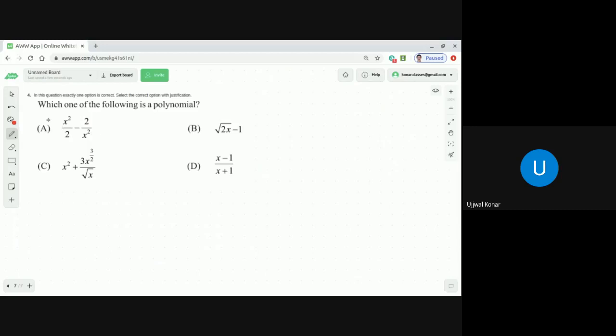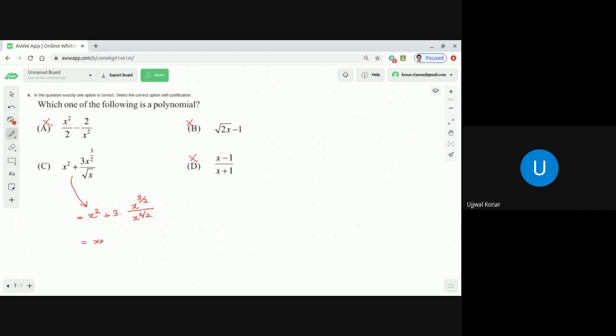So this is not a polynomial, you understood, right? Because x to the power minus 2 is not a polynomial. This is not a polynomial because the square root of 2 into x is not a square root of the whole number. This is also not a polynomial because there is a minus 1. But let's look into it a little bit. It is x square plus 3 into x to the power 3 by 2 divided by square root of x, which means x to the power 1 by 2.